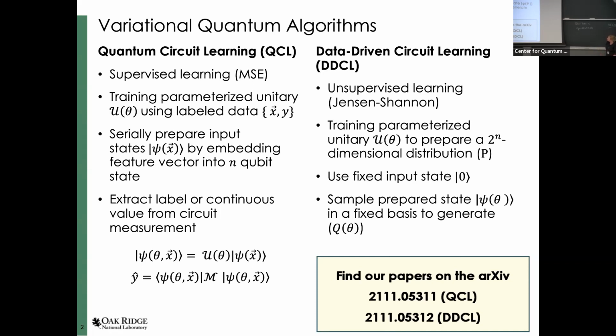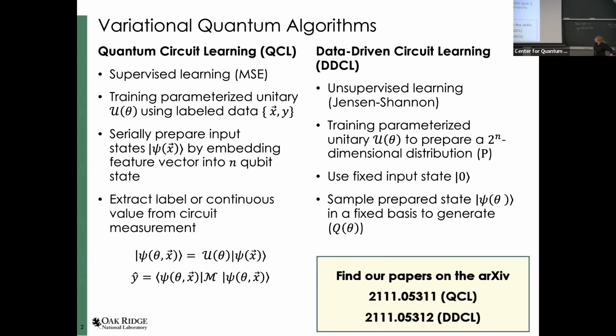The first is quantum circuit learning, which is basically just the analog of supervised learning for quantum circuits. So if you are familiar with the concepts of supervised learning in classical machine learning, these just translate directly to training a quantum circuit. You are training your circuit using a data set of labeled samples, and the training loss could be mean square error, could be binary cross entropy, and the training is done with a gradient descent algorithm, at least for the results I'm going to show in the rest of the slides here.